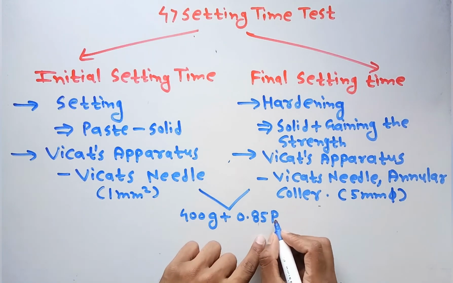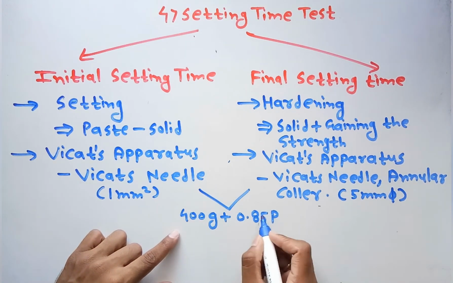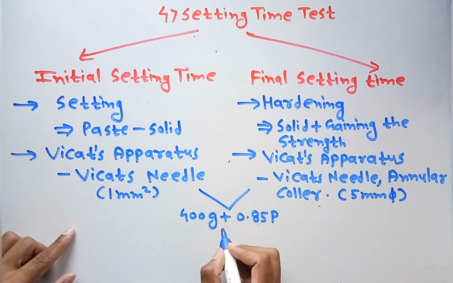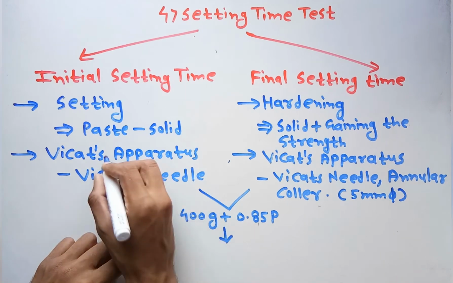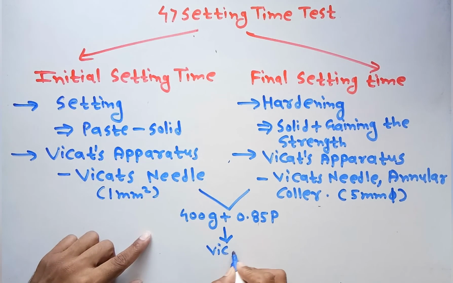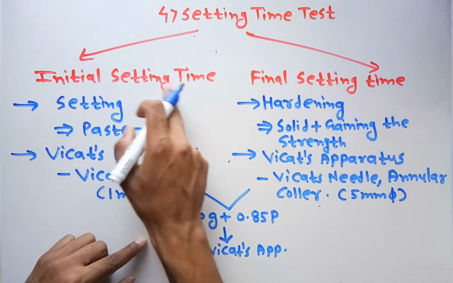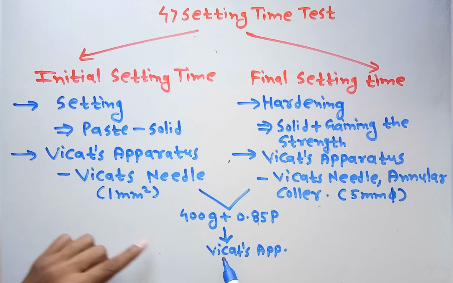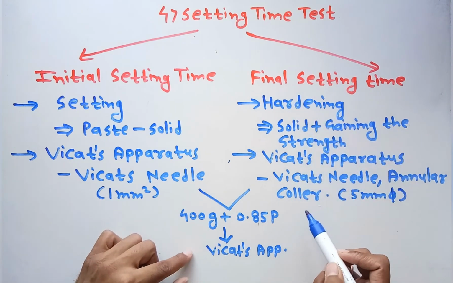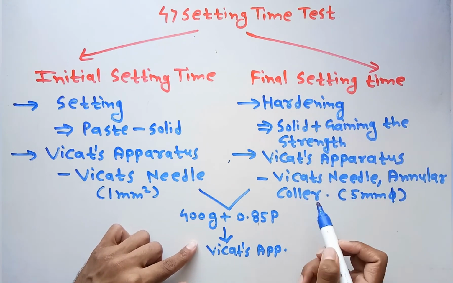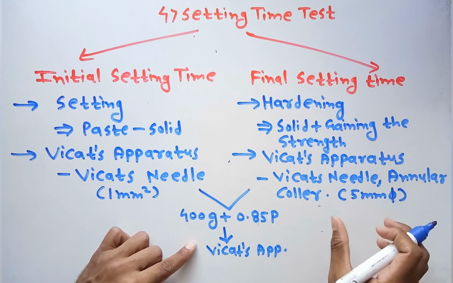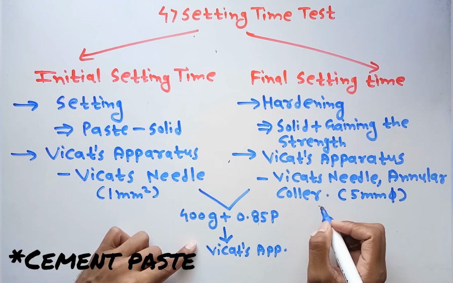This workable paste is then put into the Vicat's apparatus. In the initial setting time we use the Vicat's needle to penetrate the mold, and in the final setting time with the help of the annular collar we make impressions on the hardened paste, and we study the observations.